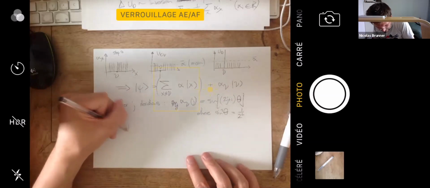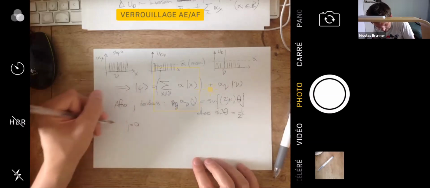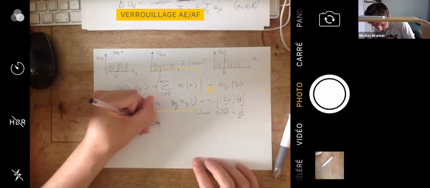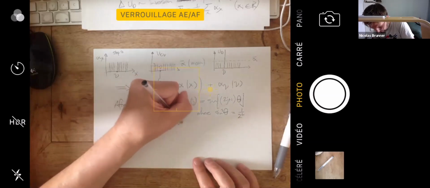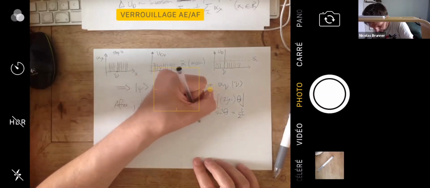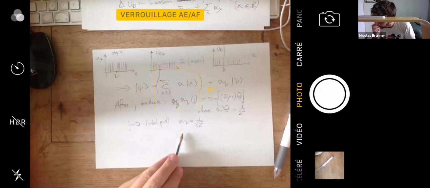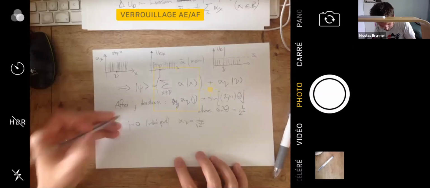So now let's look at different values of j. At j equals 0, this is the starting point, the initial point. Here we have nothing special. Alpha_ν is just 1 over root 2^L. This is from the initial uniform distribution.